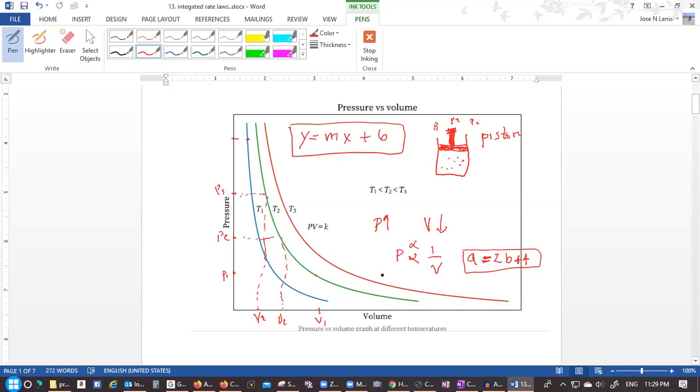All right. So since this relationship here is not good to solve problems, we need to work this out, this graph, so we can convert this into an equation. In science, we use one mathematical trick, and that is called the normalization of the curve. So we can normalize that.